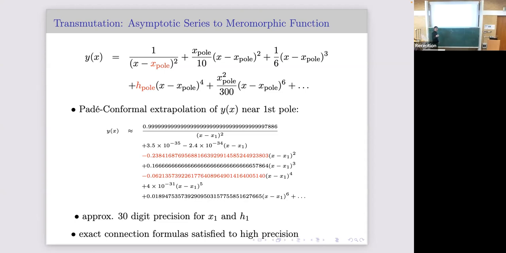Remember, any solution is characterized by two constants. And in this meromorphic form, any solution to NLA1 is characterized by the location of one of its poles and the corresponding coefficient h in the expansion of that pole. The interesting thing is you can expand around any point. It's those two numbers that completely characterize the solution. And then the next one should be 0.